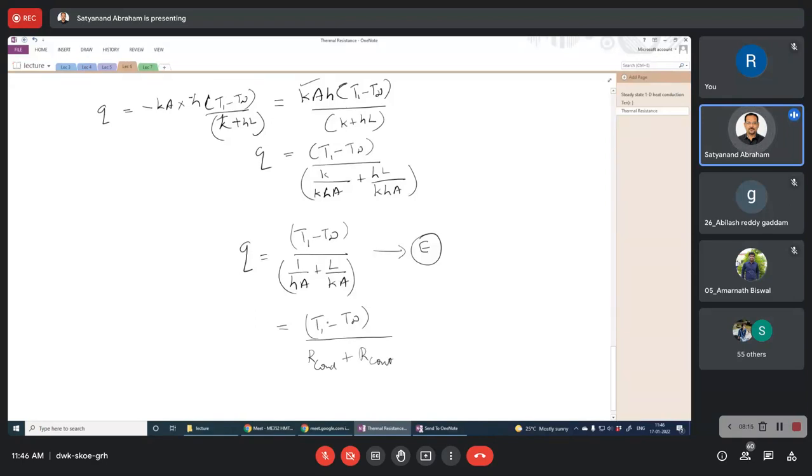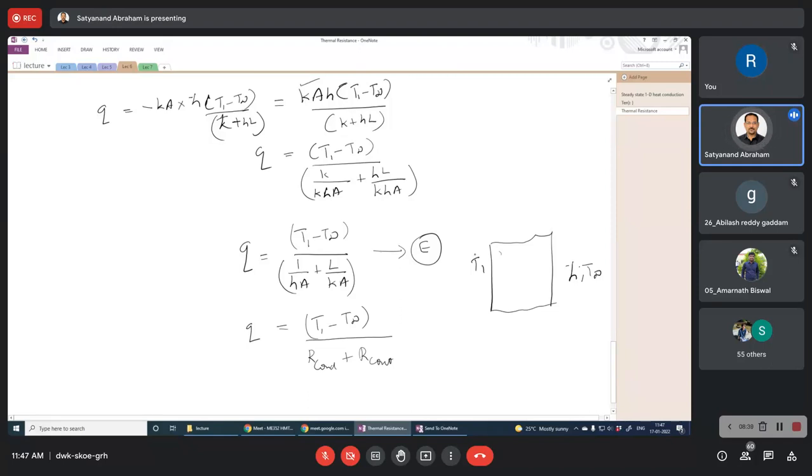And what is the temperature we are talking about over here? Our condition is such that this is our slab. We have T1 at one surface, and we have h and T infinity at the other surface. We are saying the total heat flux is equal to total potential. What is the total temperature potential over here?